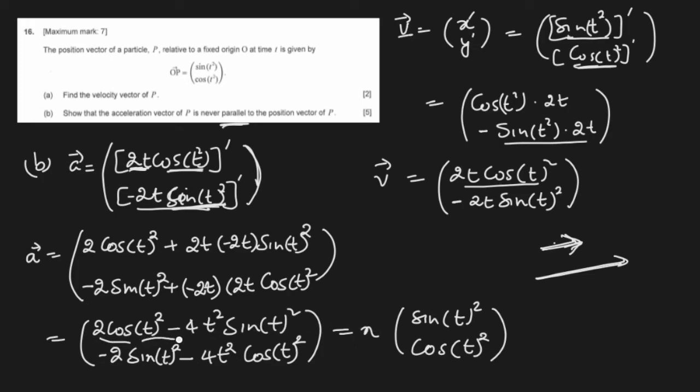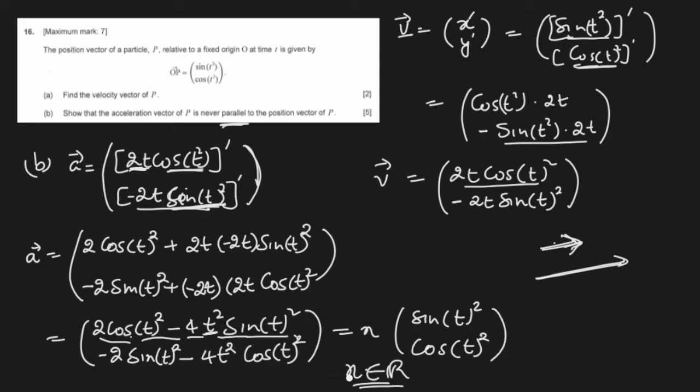This is an expression which has cos as well as sine. It has a variable t also, which will make the whole vector point in different directions, so it can never be parallel. If one of them is parallel, the other one will not be. This is what we can explain, that n is not a real number, it does not exist, when we assume that they are parallel.